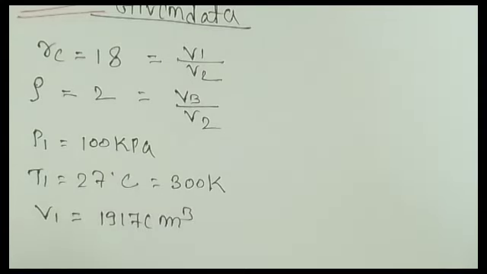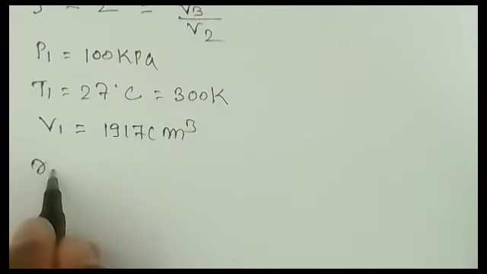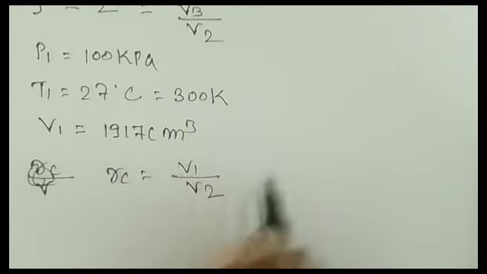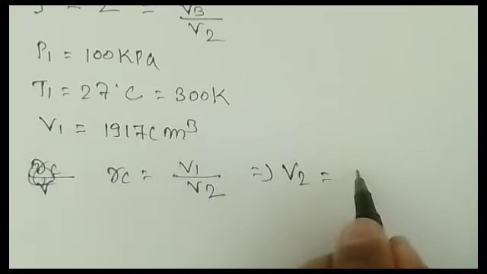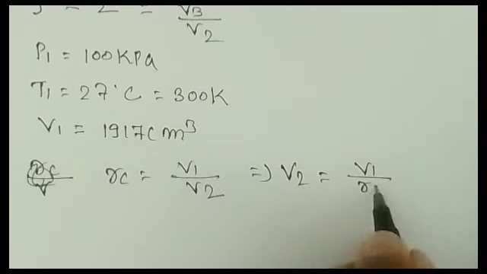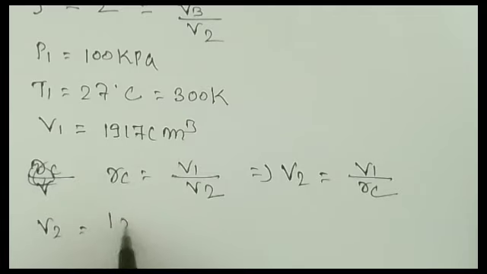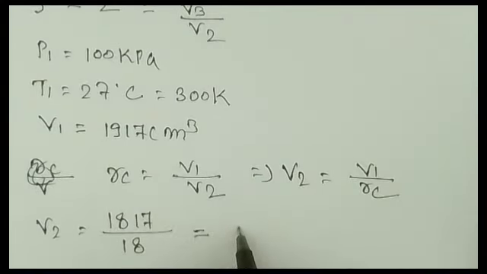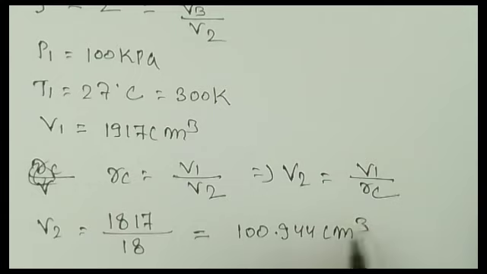First we'll calculate V2. rc is equal to V1 by V2, so V2 is equal to V1 by rc. So V1 is 1917 divided by rc, which is 18, and we get 106.5 centimeter cube. This is the V2 we got.